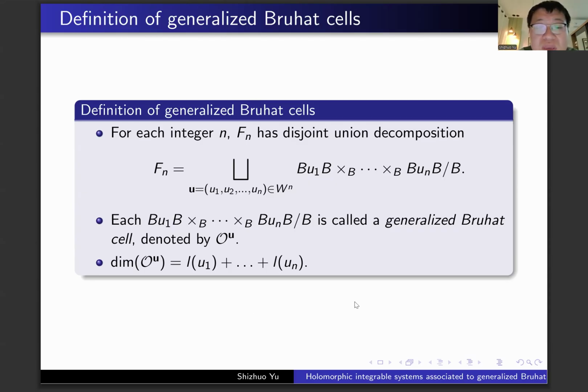In this way, we can define the so-called generalized Bruhat cells, and we will denote it as O^u. And indeed, the generalized Bruhat cell is also an affine space, whose dimension is the summation of the lengths of the u_i.